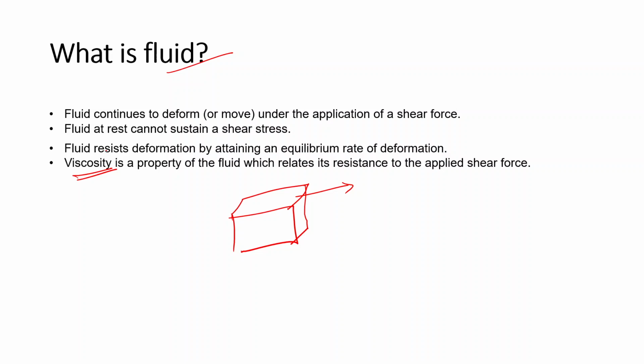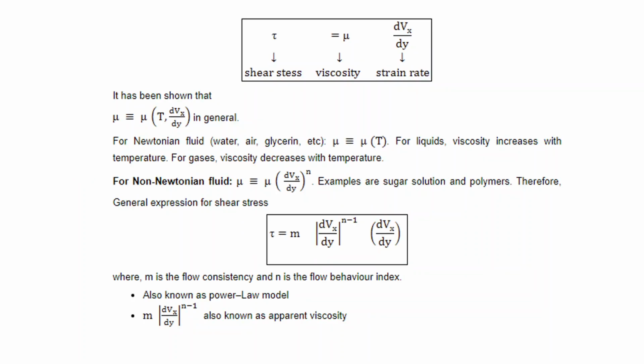And the equation capturing the viscosity of the fluid with that of the shear force applied is given by this equation. Ultimately, the shear stress tau is proportional to the strain rate, and the proportionality constant we call viscosity.